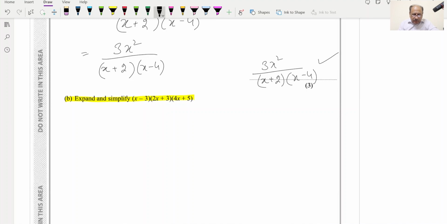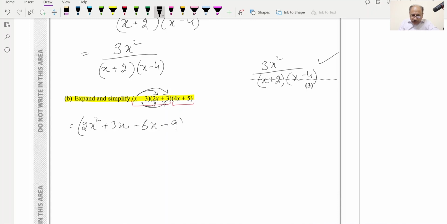We have to expand and simplify. So first of all we will multiply these two and keep as it is this one, and then we will multiply the third one. So it will be x into x squared will be 2x squared, x multiplied by 2x will be 2x squared, then x multiplied by 3 it will be plus 3x, minus 3 multiplied by 2x will be minus 6x, and minus 3 multiplied by plus 3 will be minus 9.